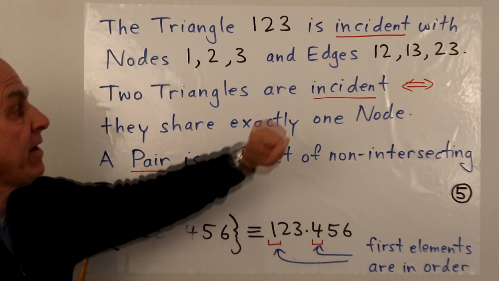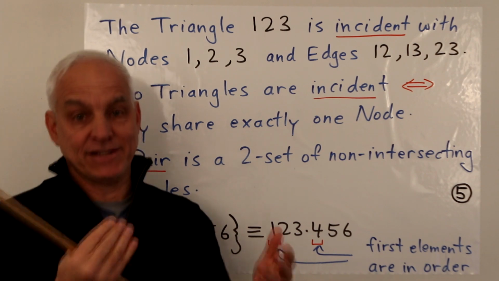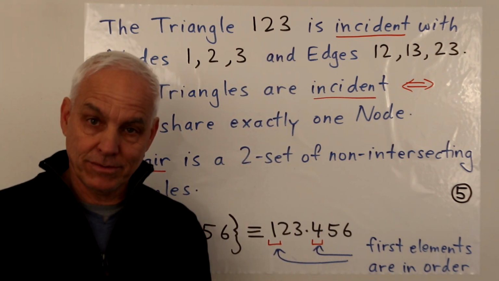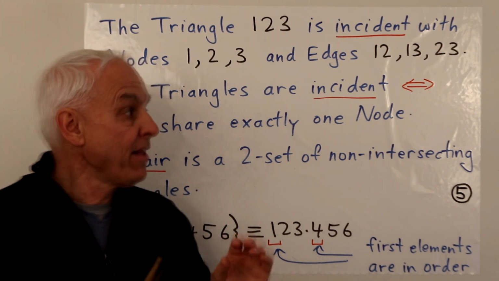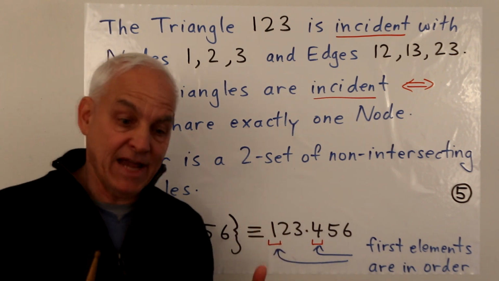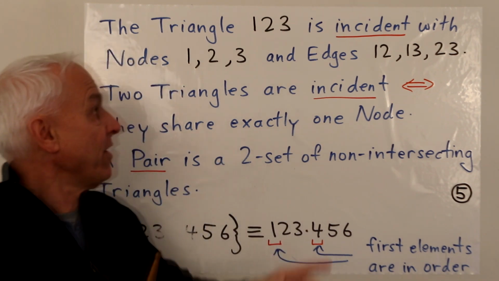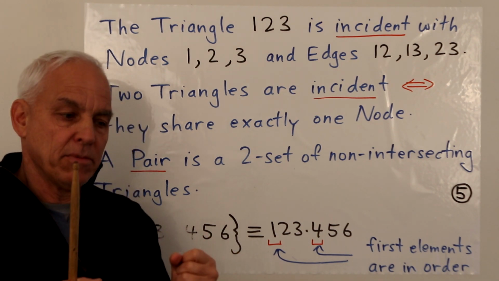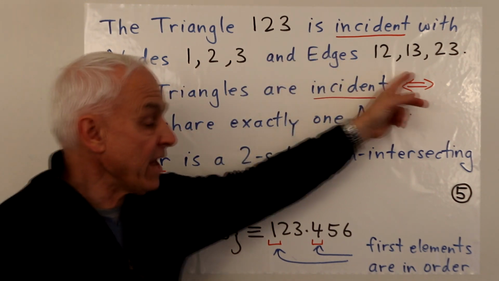And these are the 2-sets which are subsets of the set corresponding to this triangle. Triangle 1, 2, 3 is really the set consisting of the objects 1, 2, and 3. And this is really the set consisting of the objects 1, 2. So that's a subset of this set. So there's a natural association between a triangle and its 3 nodes and its 3 edges.